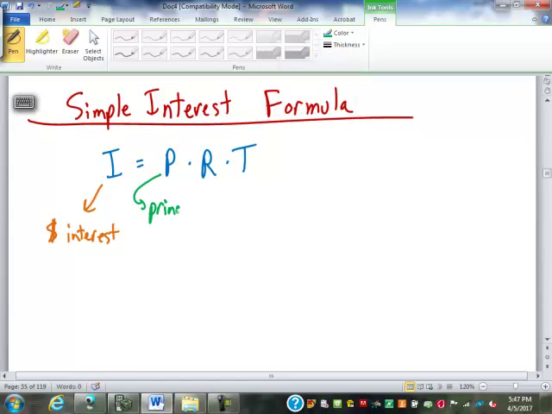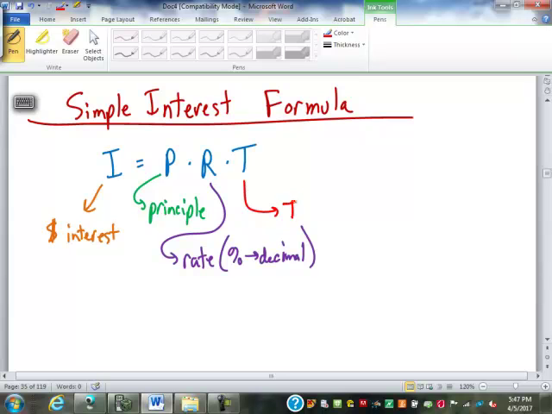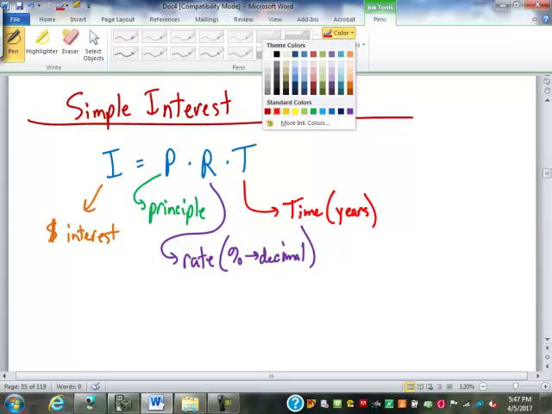P is the principal, which is that starting amount that you begin with. R is the rate, and that's just a percent as a decimal. And T is time. However, time is always expressed in years. So this gives you the dollar amount of the interest.